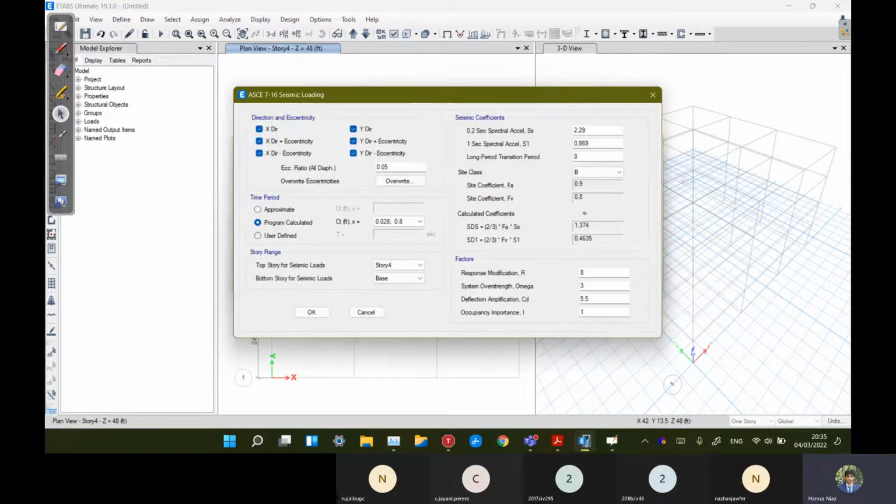If you go to Modify Lateral Load, these are the factors we have to memorize. The first one is Ct, the second one is Ss and S1. These are factors based on the longitude and latitude of our location. We just have to memorize these names: Ct, Ss, S1.